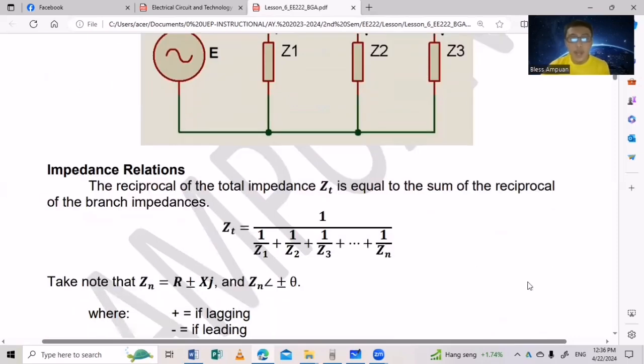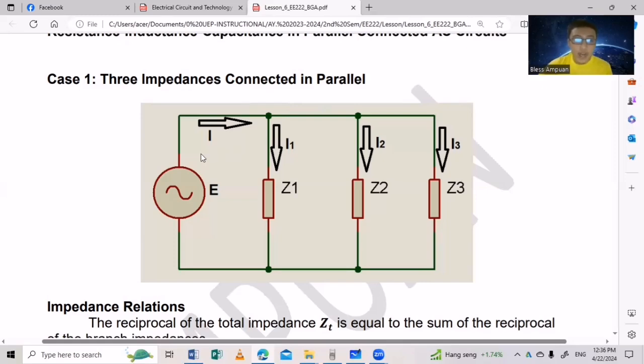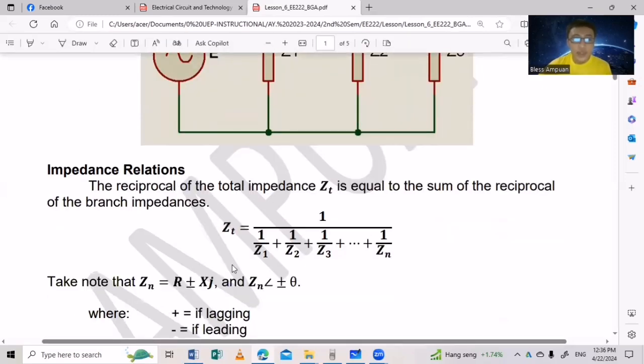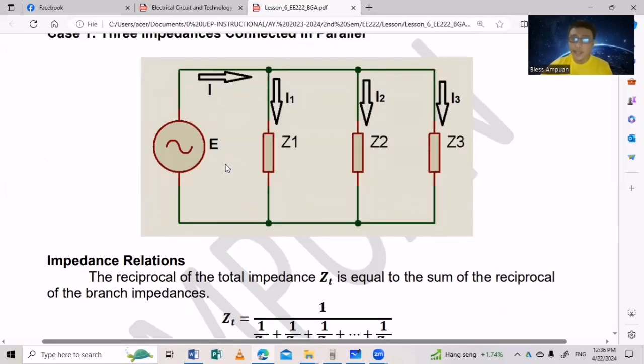Okay, so let's have a recap first based on our first case in here. To get the total impedance of the circuit, we are using again the basic concept of combination of impedances, same as in the circuit one application, but instead of having resistances as in DC circuits, this time we have impedances.